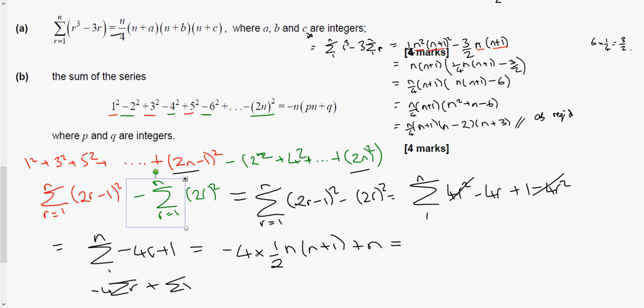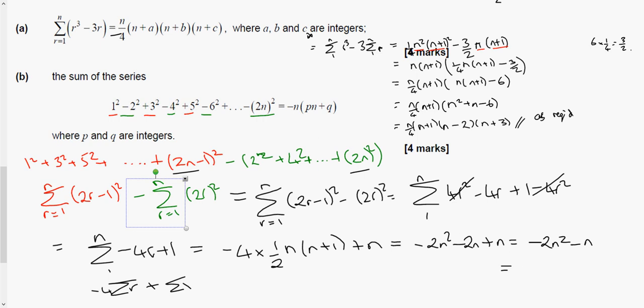So then we can simplify this. So that's going to be negative 2n squared, it's going to cancel out, take away 2n plus n, which is going to be negative 2n squared subtract n, which you can then factorise.